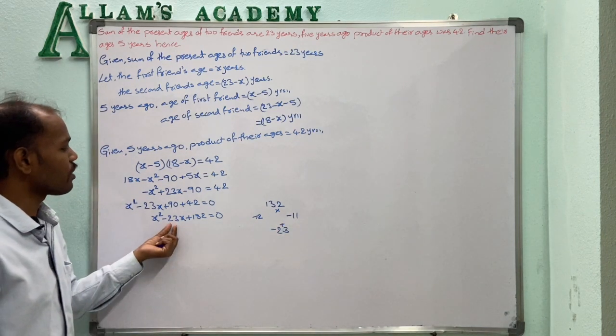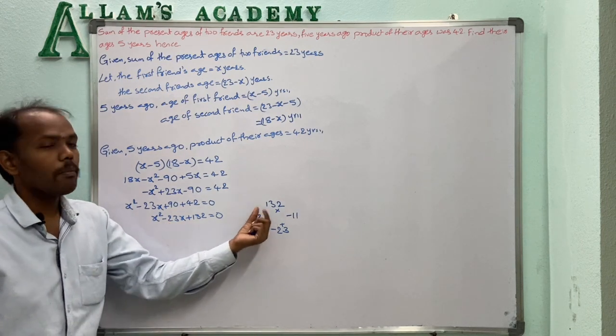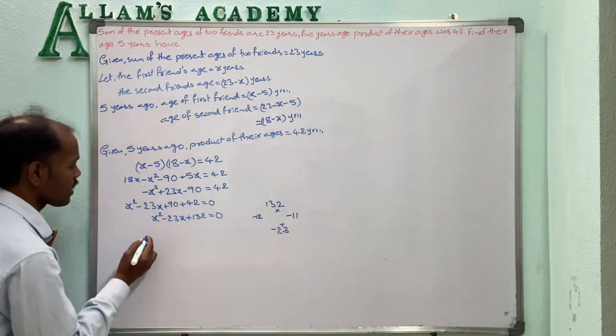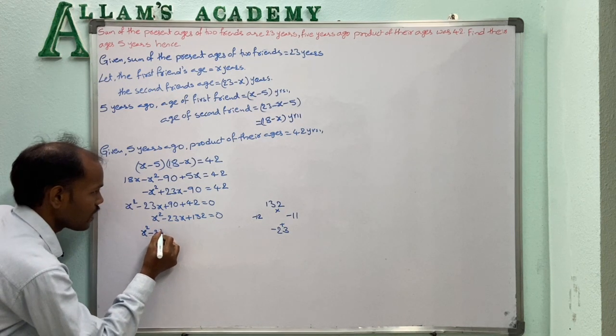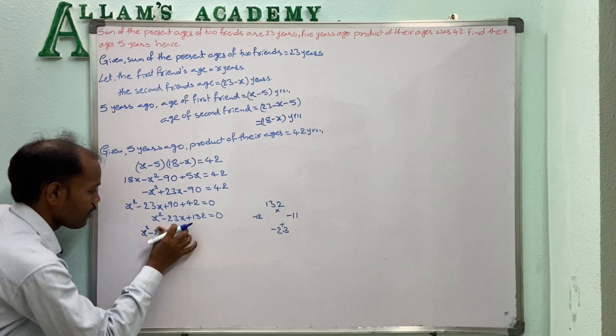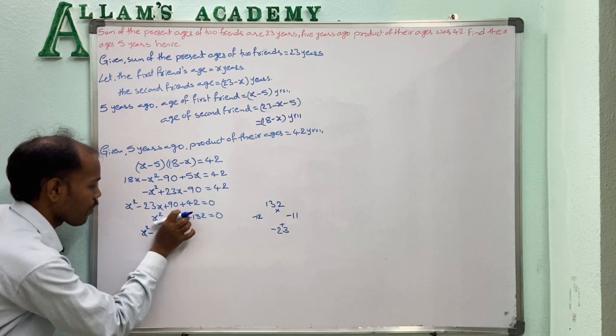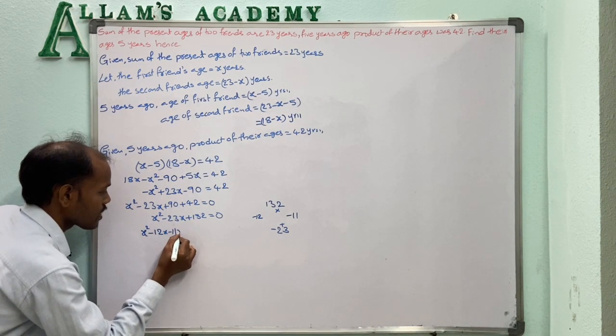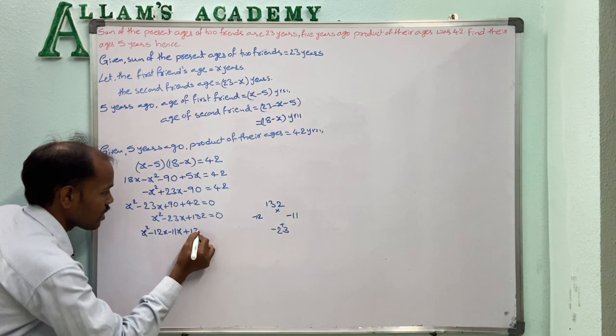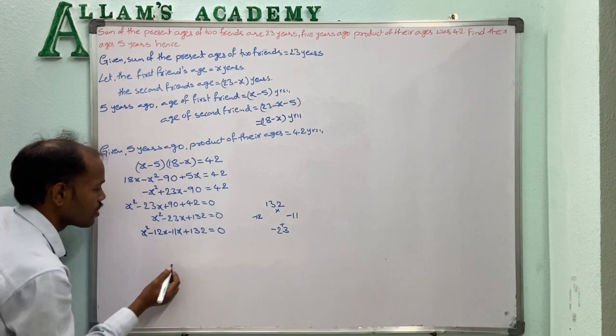So in the place of minus 23x, now we write minus 12x minus 11x. So x square minus 12x minus 11x plus 132 equal to 0.